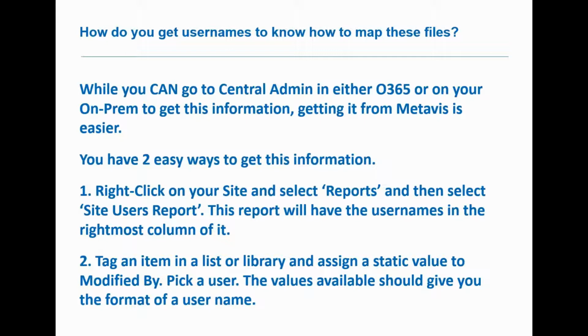The second option is to tag an item and select a static value to put into that item. So if you try to tag Modified By, you'll see permissible values to go into Modified By, and you can use those as the basis to create this file.